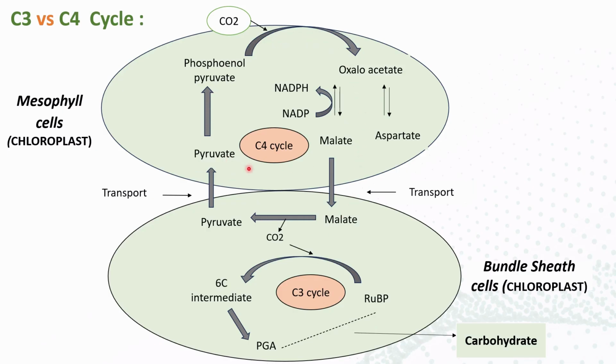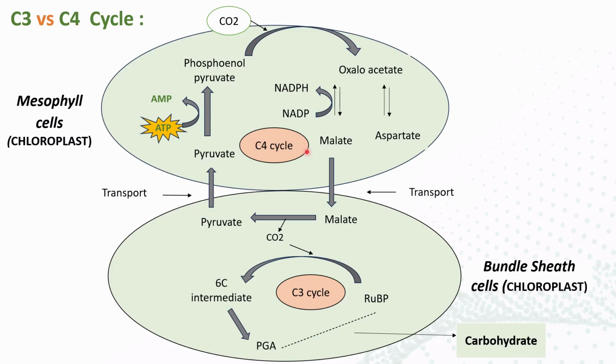You can see that the molecules are moving in a cyclic way. It is a cycle, no? That's why the pyruvate which enters the mesophyll cells is converted into phosphoenol pyruvate with the help of ATP molecules. So from this whole cycle, you can see that energy molecules are needed for the C3 and C4 cycle in the form of ATP and NADP molecules that were evolved from the light reaction.